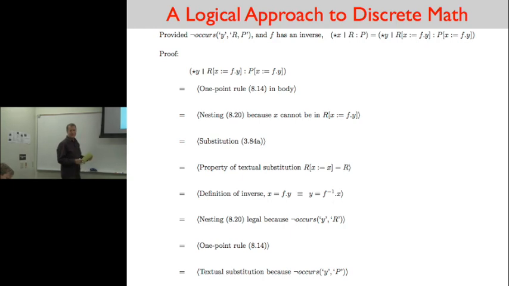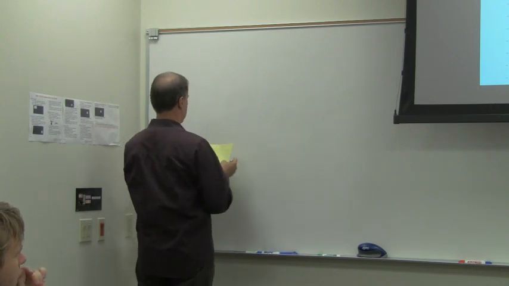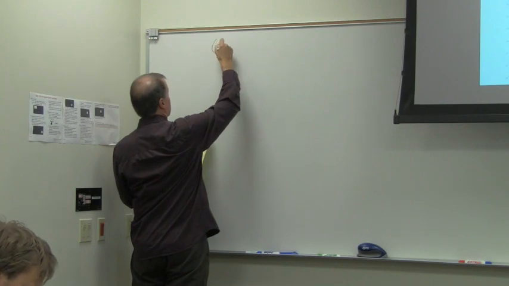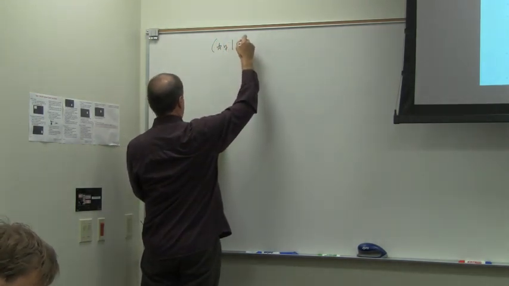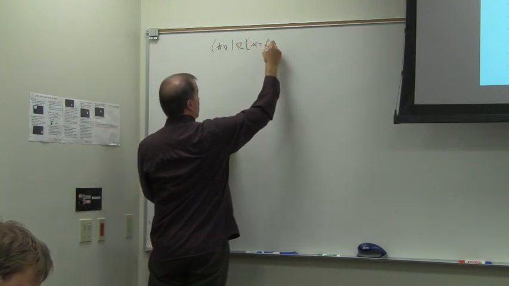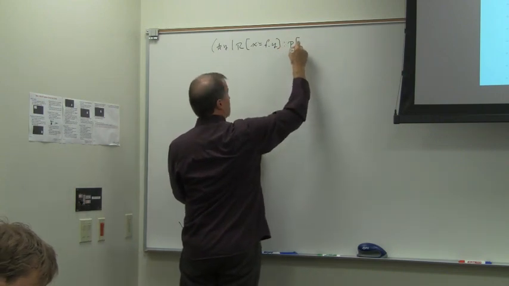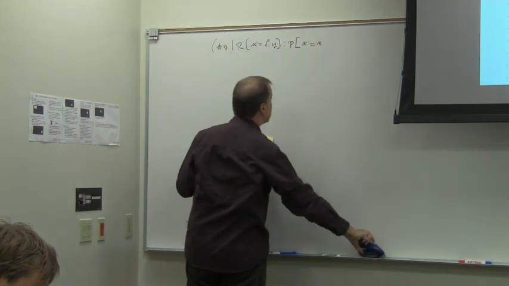Now the first one is tricky, so I'll go ahead and write this out. Star y, range R, x replaced by f dot y, body P, x replaced by f dot y.